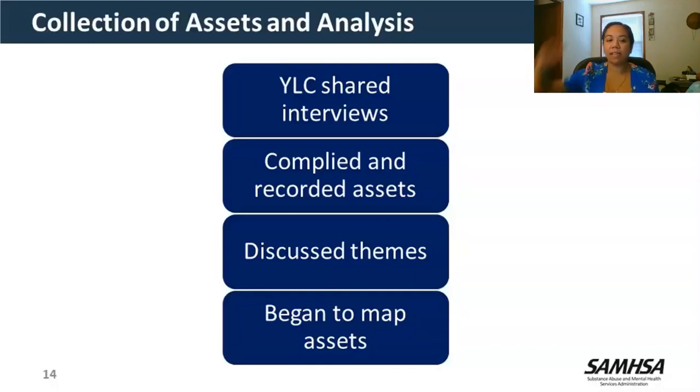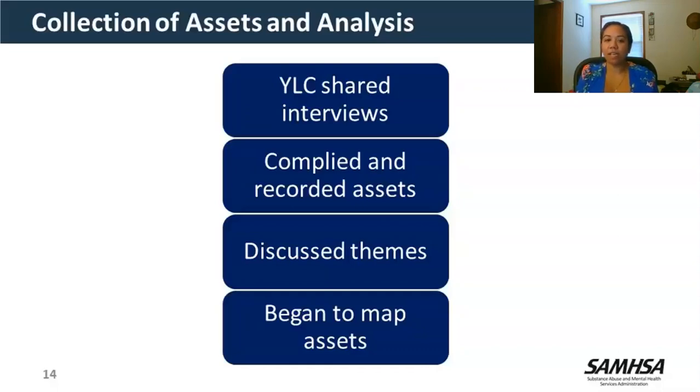They had a big, huge list, and one of the ways they were really interested in was mapping them onto a Google map. Sorry, not Google Maps, but Google My Maps, which has a way you can map assets in your community.